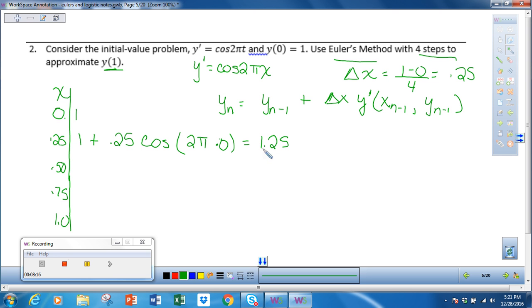Okay, so now I take my previous y, 1.25, plus 0.25 times the cosine of 2 pi times my previous x, which is 1/4.